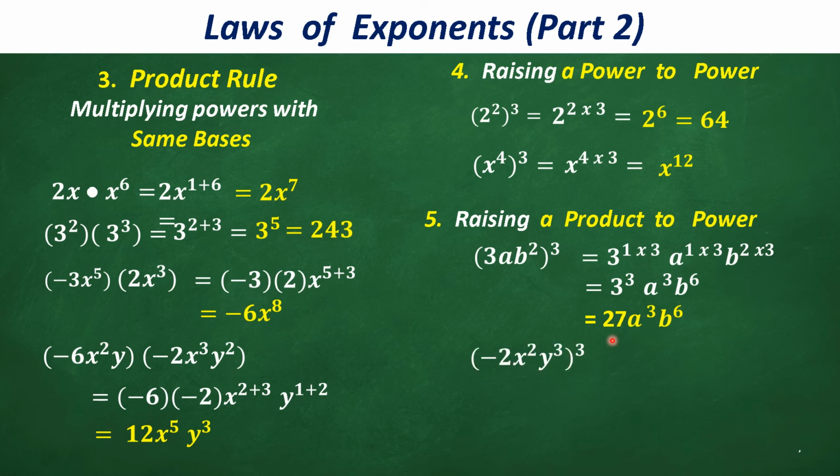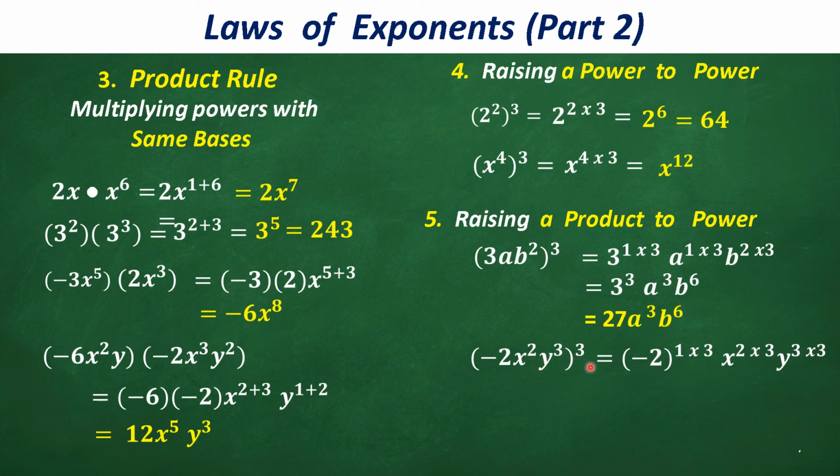Another example, if we have negative quantity negative 2x squared y cubed, quantity raised to the 3rd power, again, i-apply natin uli ang raising a power to power, wherein imumultiply natin ang lahat ng exponents na nandito sa loob sa exponent dito na nasa labas. Okay? So, we have now negative 2 raised to the 1 times 3. Then, x, copy the base x, multiply yung exponent ni x na 2 kay 3.